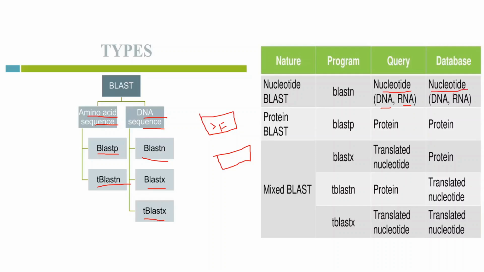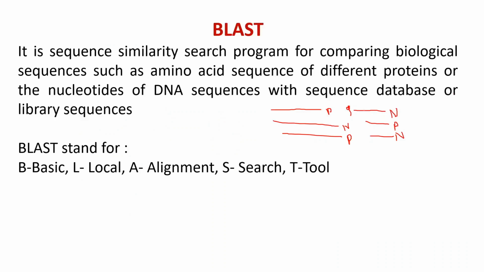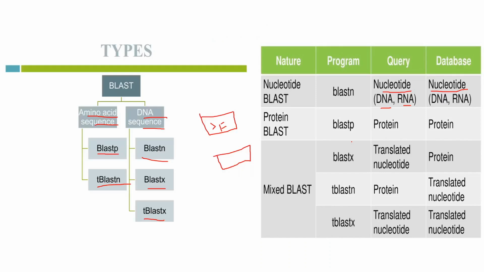In the previous slide I told you that a nucleotide query can be searched against the protein database or the nucleotide database itself, and likewise a protein query can be searched against the nucleotide database or protein sequence. Here the program is BLASTN: the query sequence is nucleotide and the database is also nucleotide.